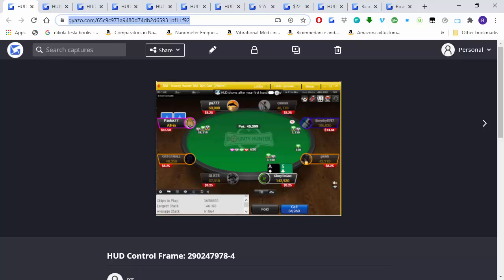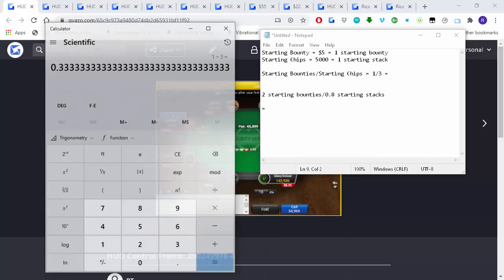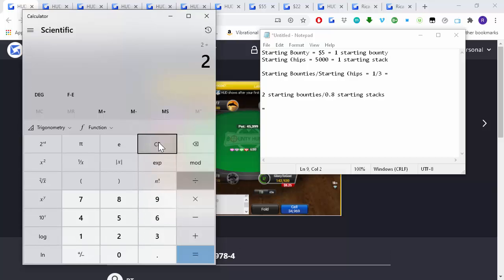So to calculate his bounty factor, he has 2 starting bounties divided by 0.8 starting stacks equals 2.5.